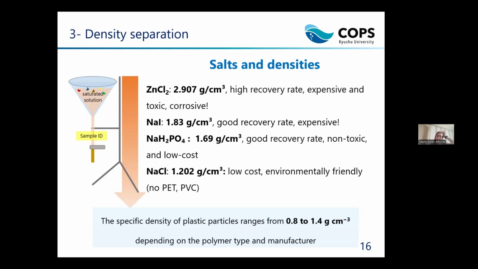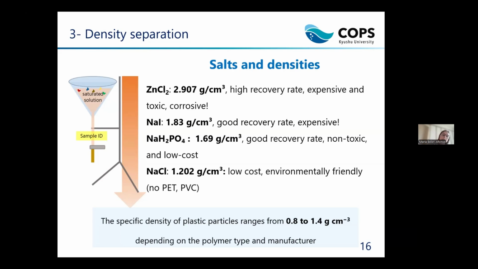So as we want to separate these particles from the heavier inorganic particles, we will use a density separation. For this, we can use different types of salts, for example zinc chloride, sodium iodide, sodium dihydrogen phosphate, or sodium chloride, among others. These are the most common examples used in previous studies.